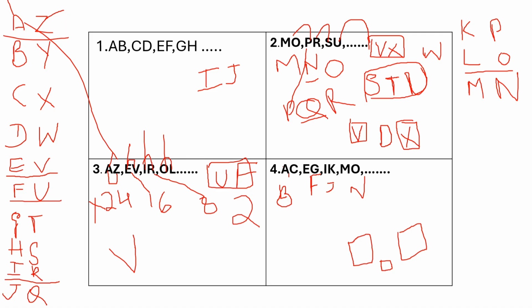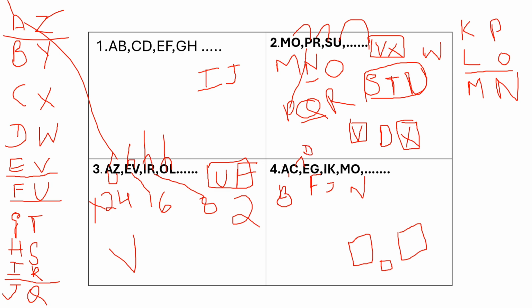Here A, E, I, but O is not there in the place of M, so that logic will fail. So we have to check another logic, that is A, B, C, D. D is missing here. We will check whether this logic works or not.